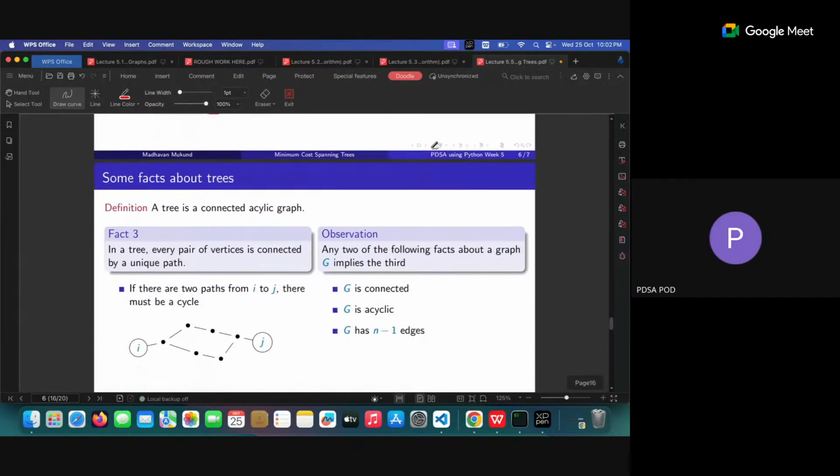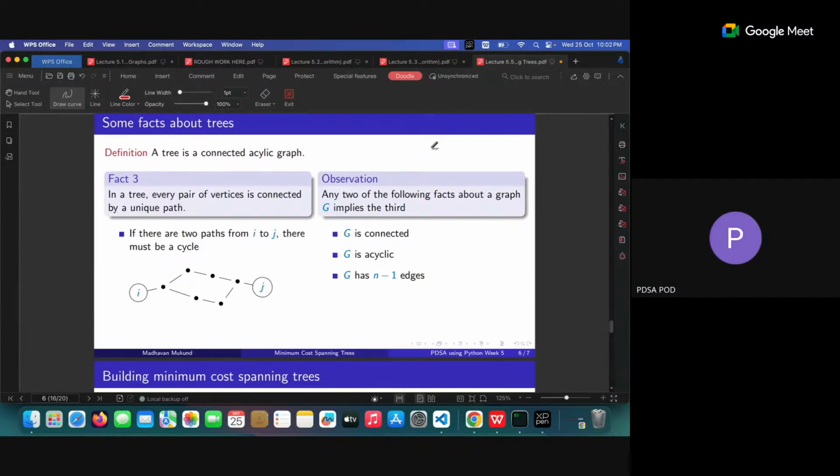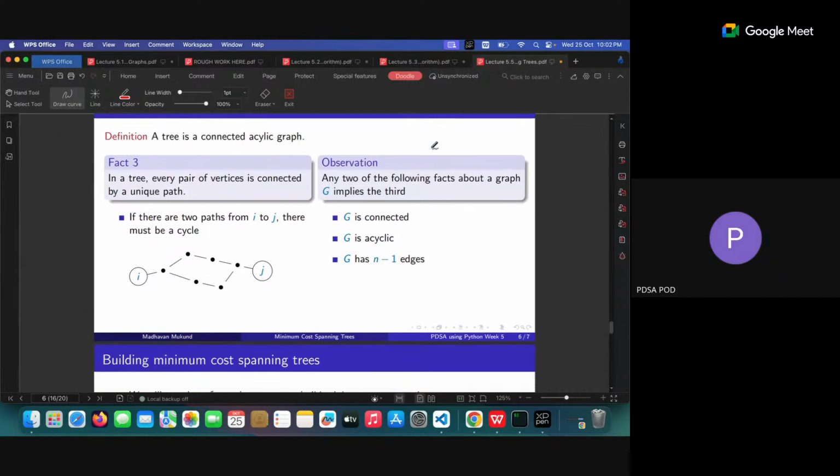And let me go for that 16. See, there is an observation, a very simple observation: a graph is connected, a graph is acyclic, means definitely n minus 1 edges. What they want to tell you is, if any two of the following facts are true, then the third one is implied. If the graph is connected and acyclic, then definitely it has n minus 1 edges.